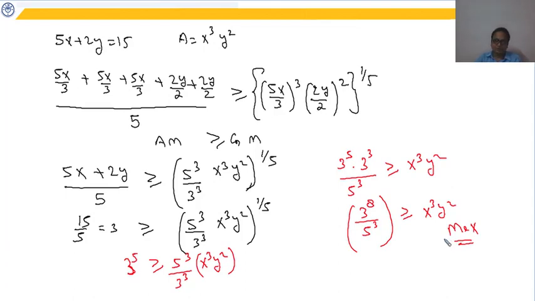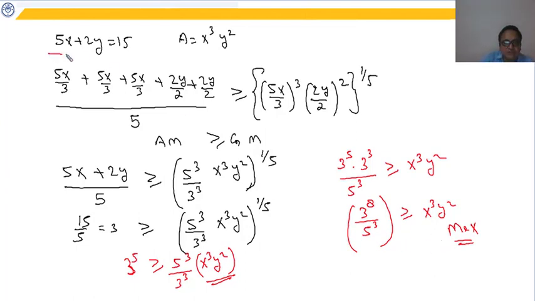Clear? Yes? So we have to maximize this expression, so we get the maximum value of this as either this value or less than this. So this is 3 to the power 8 upon 5 cube as the maximum value.